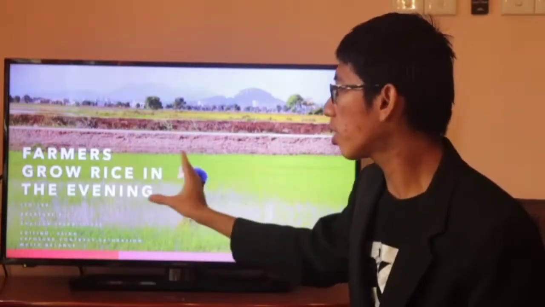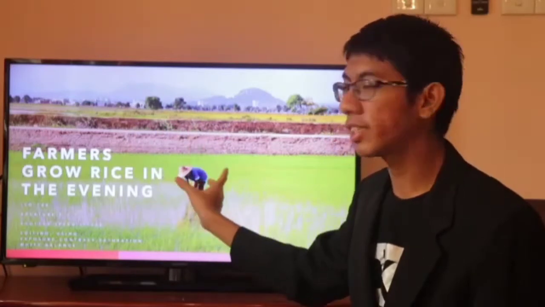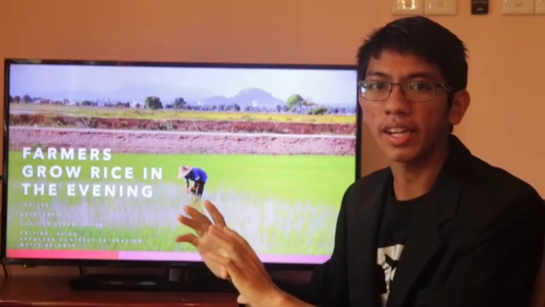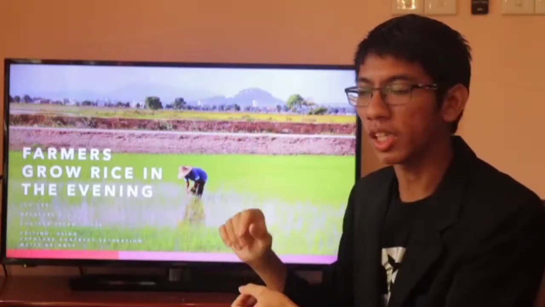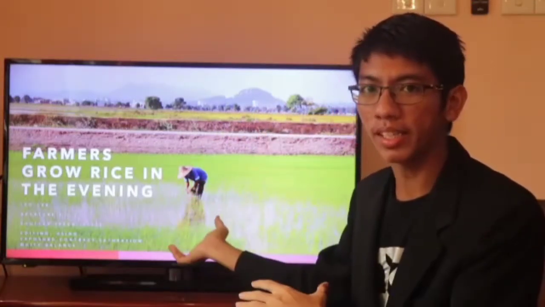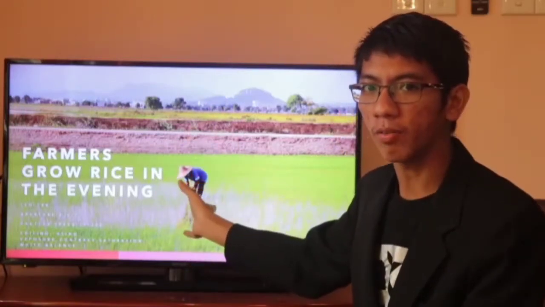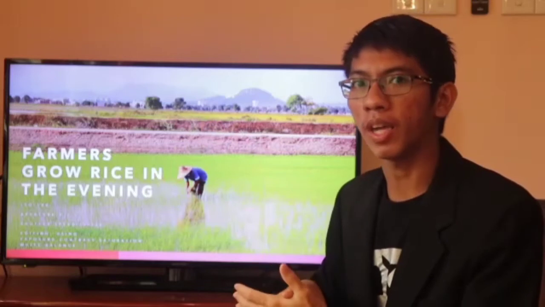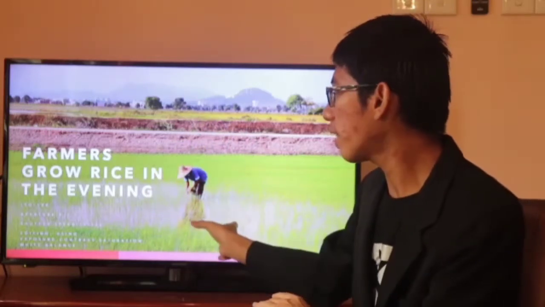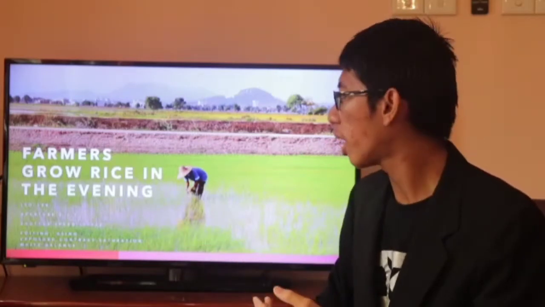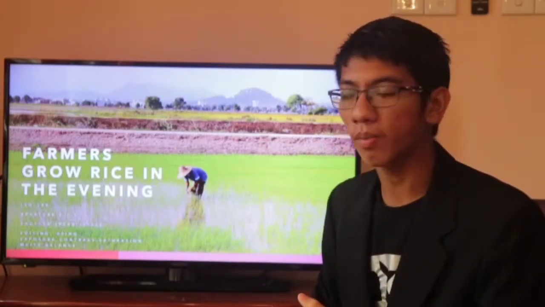Okay, then we have the third picture for my part. The third picture is all about the farmer growing rice in the evening, because at the time that I snapped the picture, there was a man growing rice at the paddy field about 5 p.m. The setting for this picture is ISO 100, aperture is f7.1.